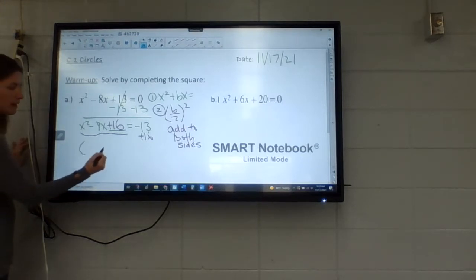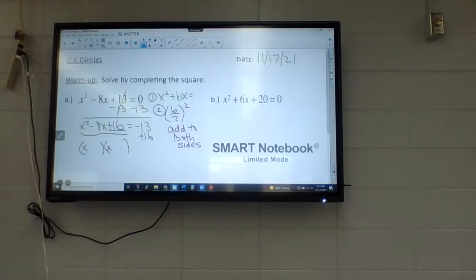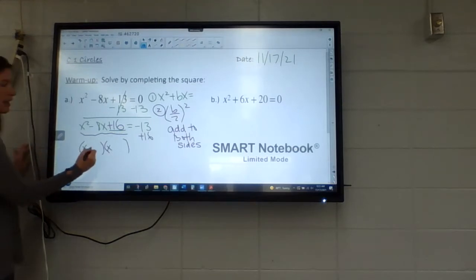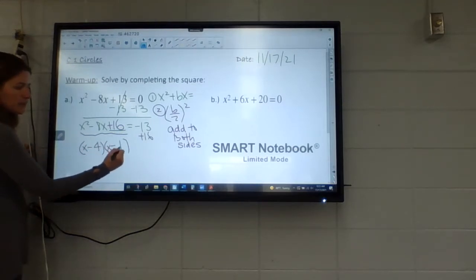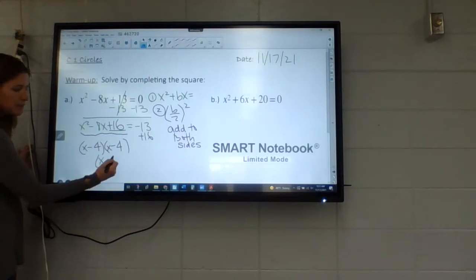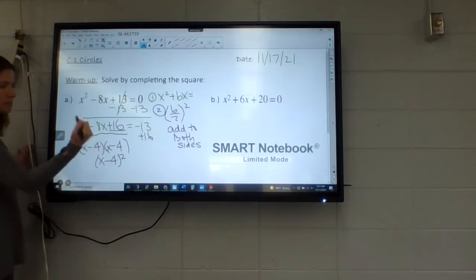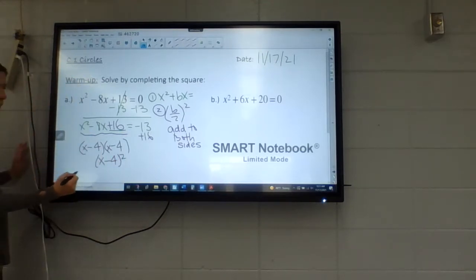So this becomes x times x, multiplied to get 16 but add to negative 8, negative 4. And it'll always be the same thing twice. So this will always be able to be written this way, hence the name completing the square. So it's a perfect square every time.